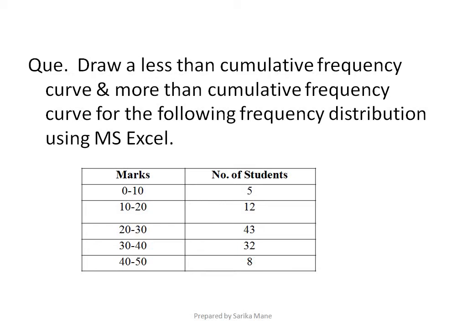And how to find the more than cumulative frequency? We start from bottom to top, means 8 as it is, then 8 plus 32 is 40, then 8 plus 32 plus 43. In this way we are calculating the more than cumulative frequencies.